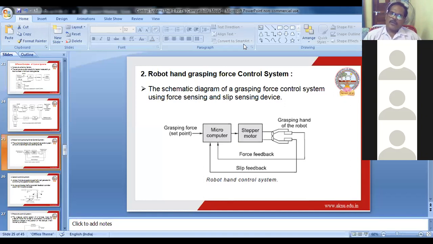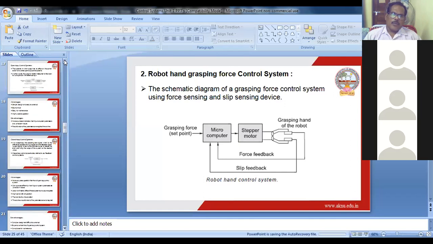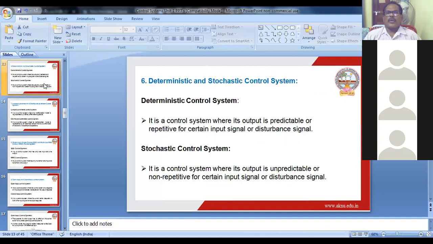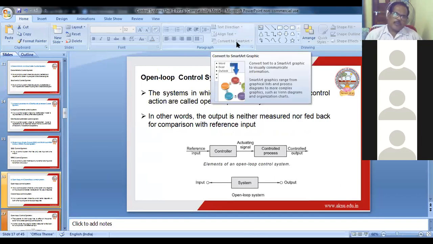Control systems are classified into different types. And today we discuss the open loop and closed loop control systems.